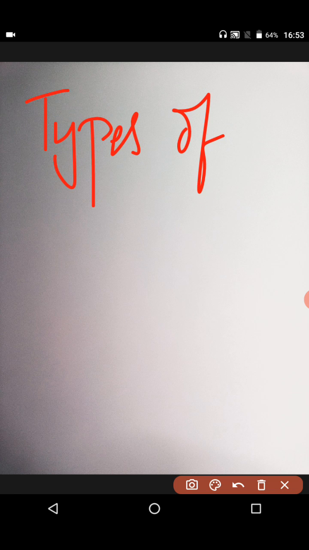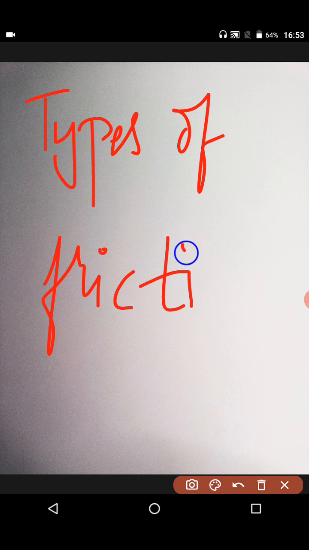Do you know that there are some types of friction? So we are going to discuss types of friction. There are 2-3 of them we are going to study, but the first one I am going to explain.